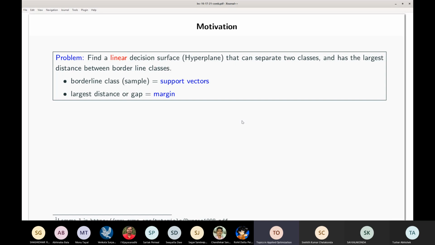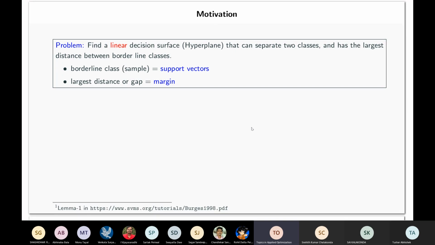We will continue from where we left last time. We were discussing SVM.